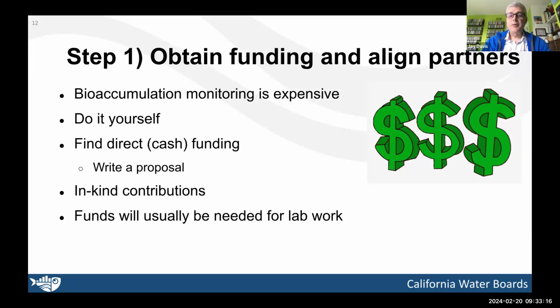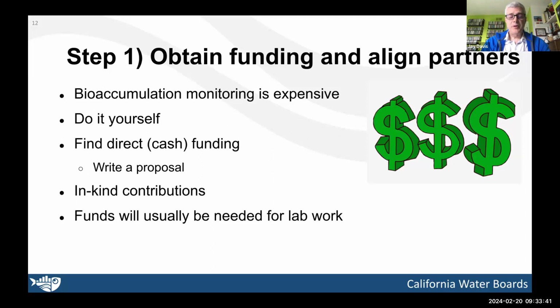One kind of extreme example of this is in Southern California. The Southern California BITE has a monitoring program that's been going for a long time. And it's a consortium of wastewater agencies that have labs so that they can do almost the whole program with in-kind contributions.